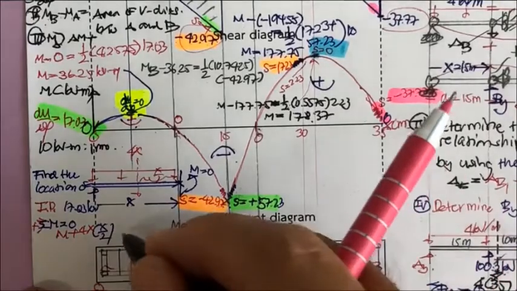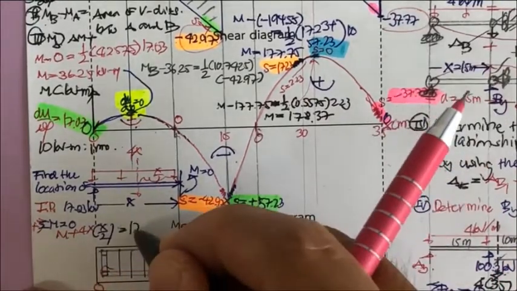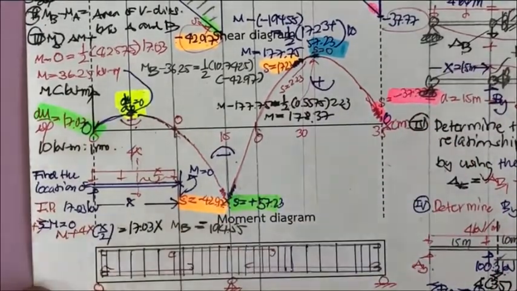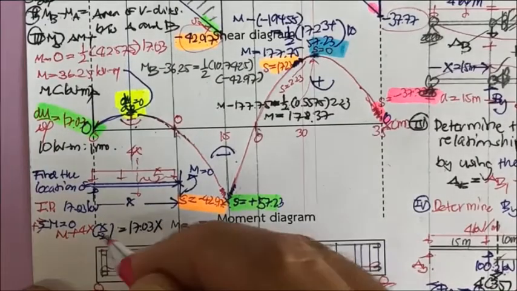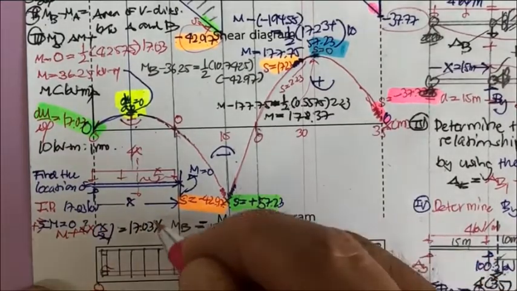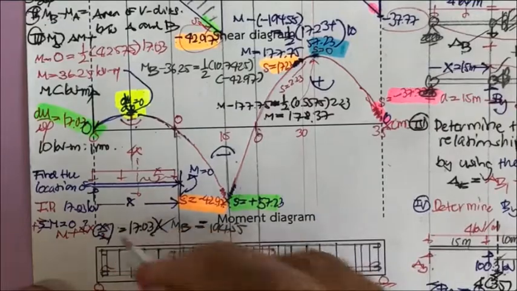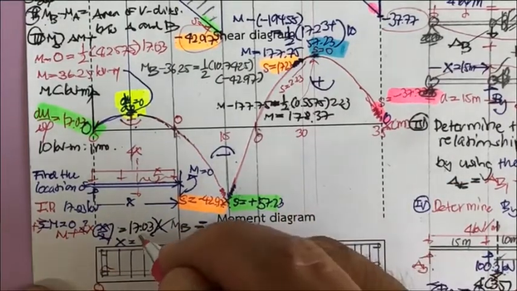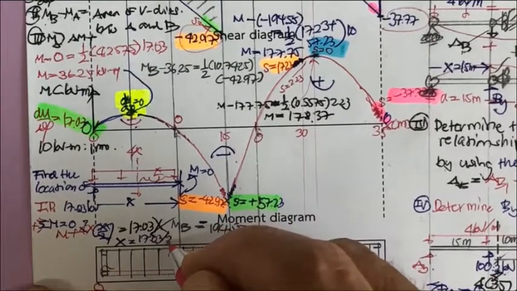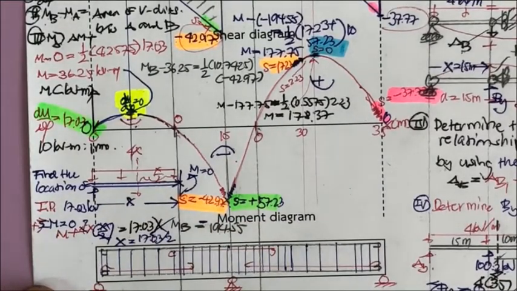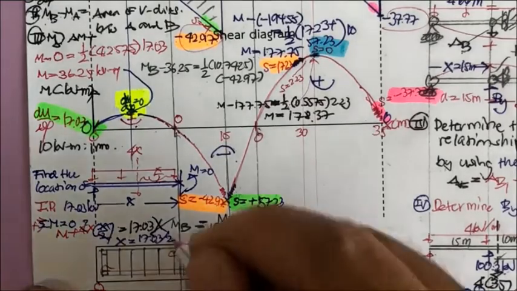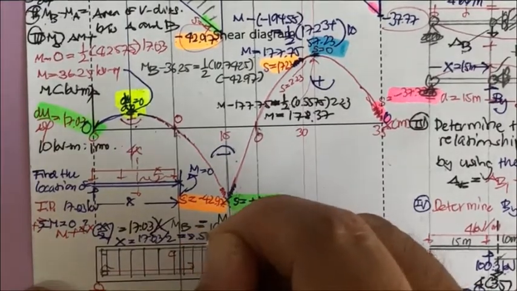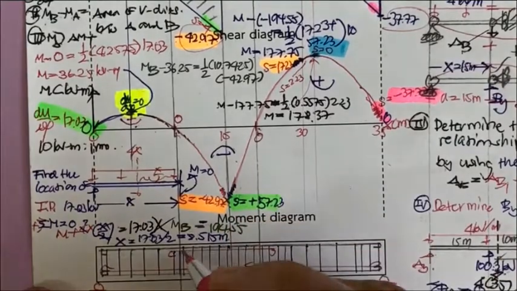And it's going to equal this one, 17.03 times x. So this cuts into 2 and x cancels. So you may have x equal to 17.03 divided by 2. And you may have this one for 8.515 meter. This one 8.515 meter.